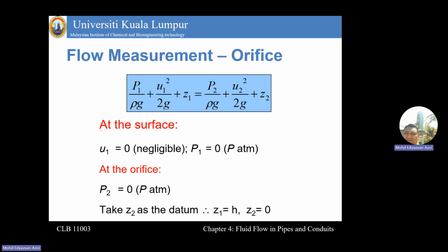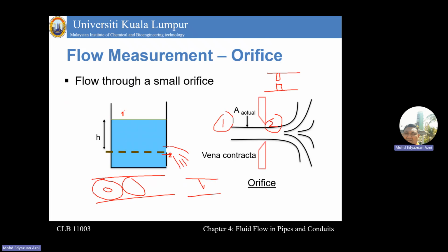So by using the Bernoulli equation, the first step, as with the Pitot tube, is to observe what is happening. For the orifice, at the surface at point 1, right here, when we have the opening at point number 2, fluid goes out very fast.